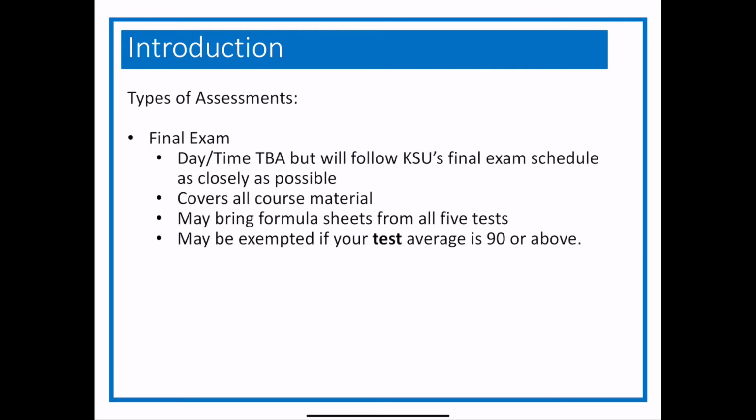The final exam follows the KSU final exam schedule, and when I know the final exam time, I will put that into the laboratory schedule, so it may already be there. It covers all the course material. You can bring formula sheets from all 5 tests, and you can exempt the final if your test average is 90 or above. Not your overall grade, but just your test average.